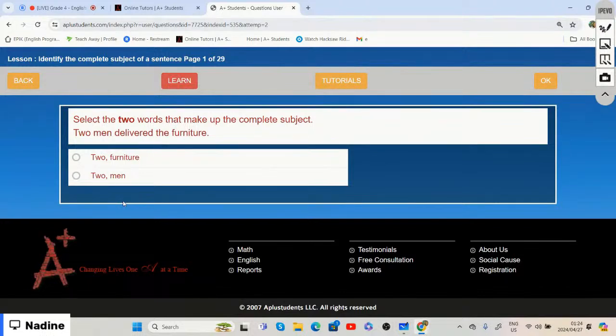Is it two and furniture, or two and men? Is it option one or option two?